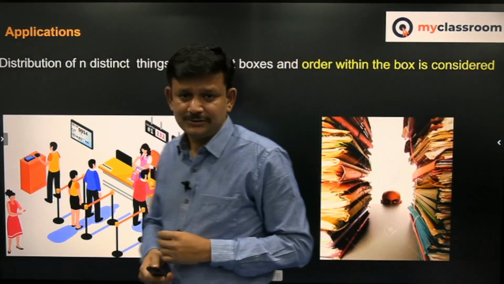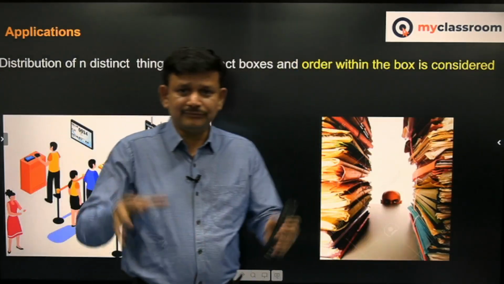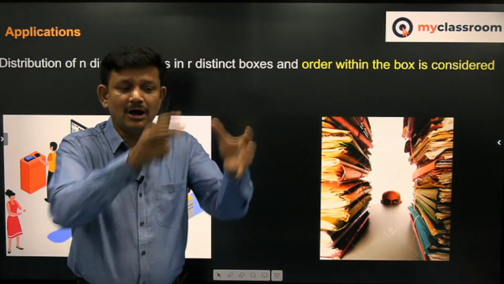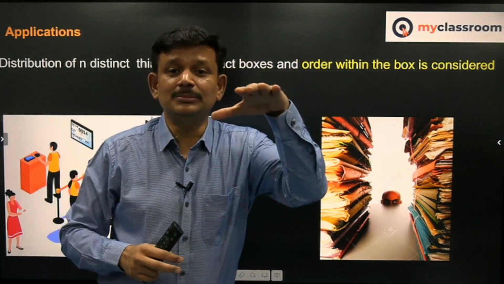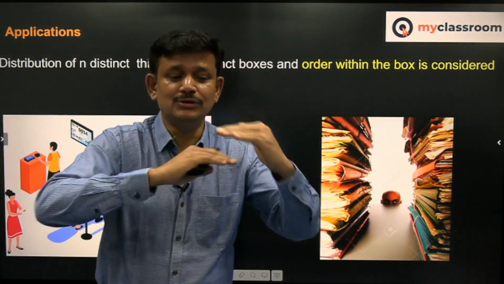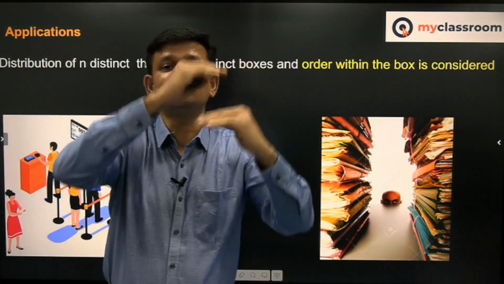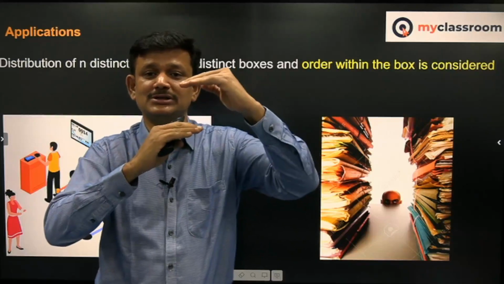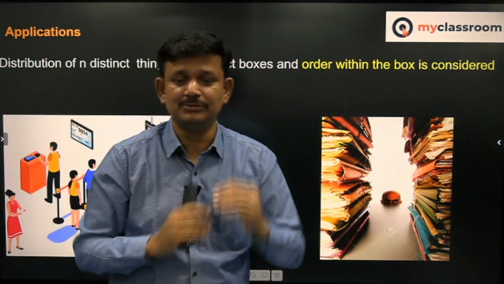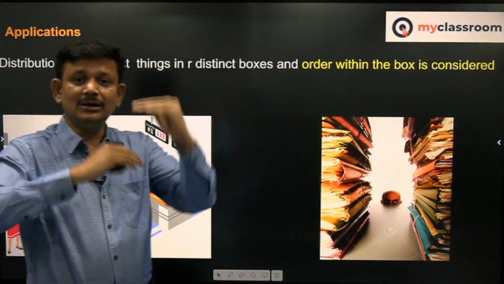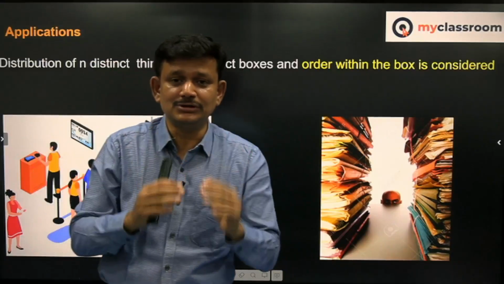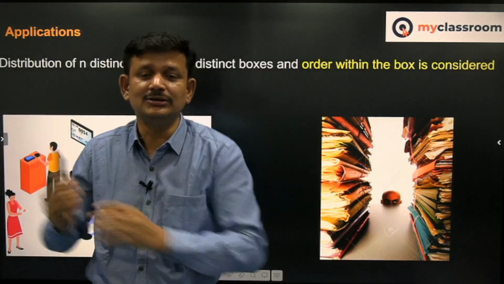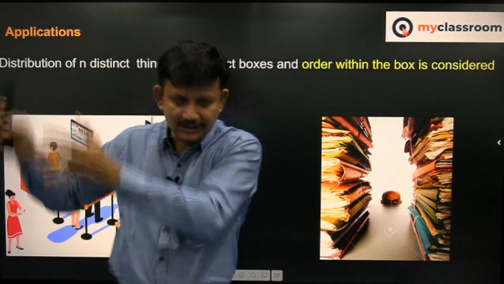Another example is, you have 20 books and you have to put them into piles on your table. Now it also becomes important in which order the books are. Maths book is below, or maths book is above, or physics book is below, or chemistry book is below. So order within the pile will also be important. You are distributing 20 books into 3 piles, 3 vertical columns on your table.